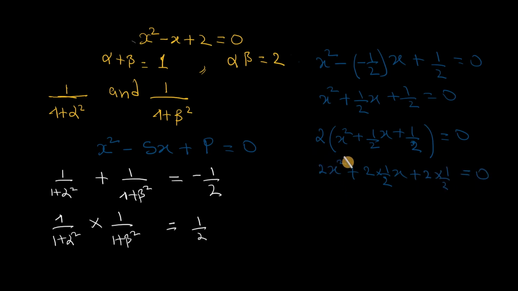You know to multiply the left hand side by 2, I need to multiply each term by 2, which gave me this one. 2 one time, 2 one time, 2 here cancels 2 here. I'll be left with 1x and then 1. That is 2x squared plus 1x, which is x plus 1 is equal to 0. This gives the equation we are required to form.